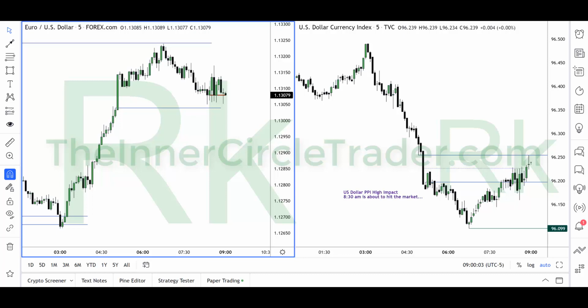So we just about hit the premium high on the imbalance on the dollar index. Haven't quite hit the discount low on the Euro. Okay, premium high has been broken on dollar.